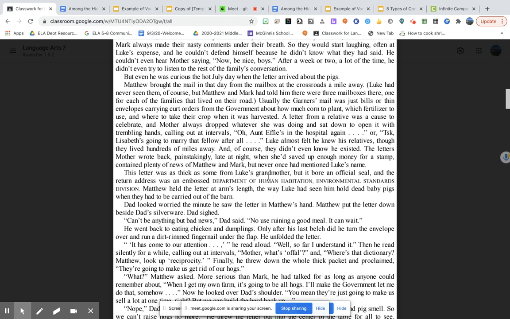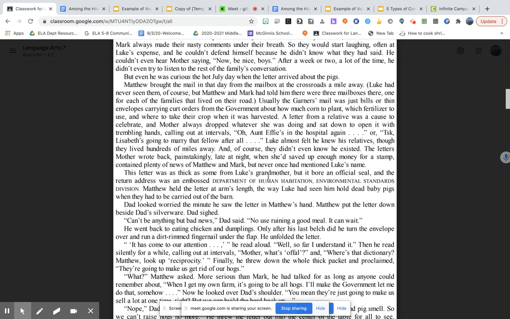A letter from a relative was a cause to celebrate, and Mother always dropped whatever she was doing and sat down to open it with trembling hands, calling out at intervals, "Oh, Aunt Effie's in the hospital again," or "Oh, Elizabeth's going to marry that fellow after all." Luke almost felt he knew his relatives, though. They lived hundreds of miles away. And, of course, they didn't even know he existed. The letters Mother wrote back painstakingly late at night, when she'd saved up enough money for a stamp, contained plenty of news of Matthew and Mark, but never once had mentioned Luke's name.